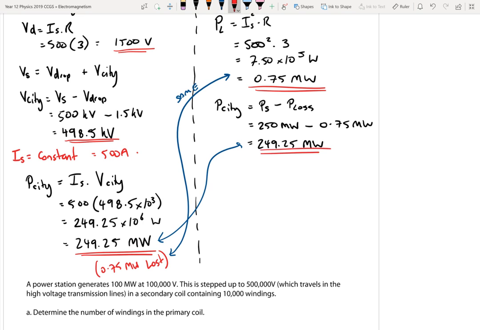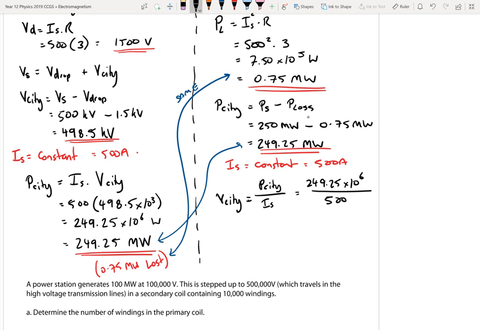And then lastly, since we know that IS is constant and it's 500 amps, I could then use my Ohm's law. My voltage at the city is going to be the power at the city divided by the current that runs through. So that's going to be my 249.25 megawatts over my 500.